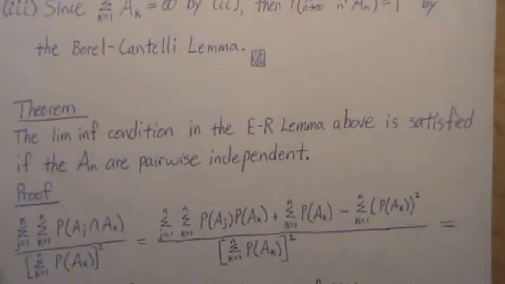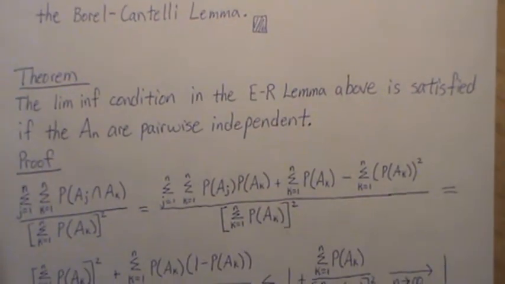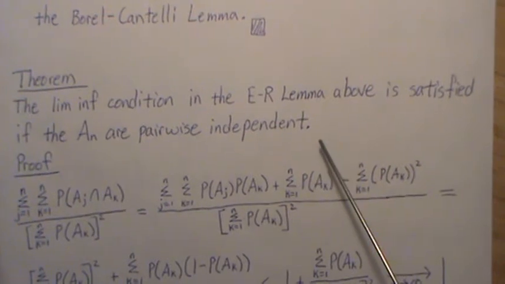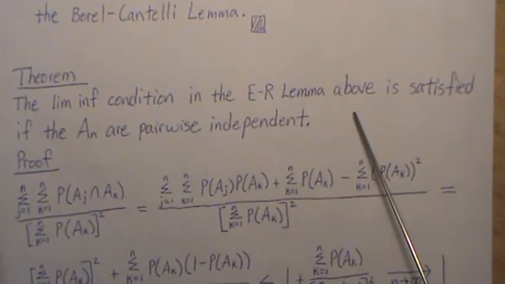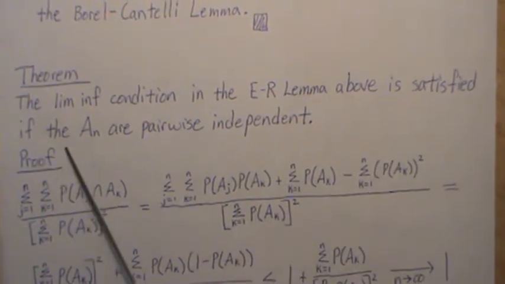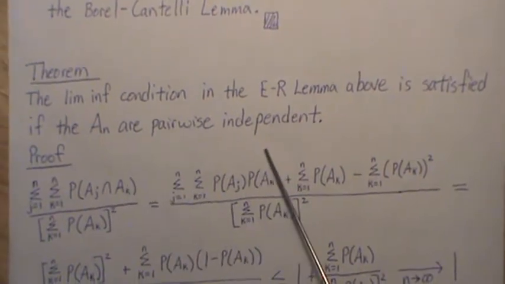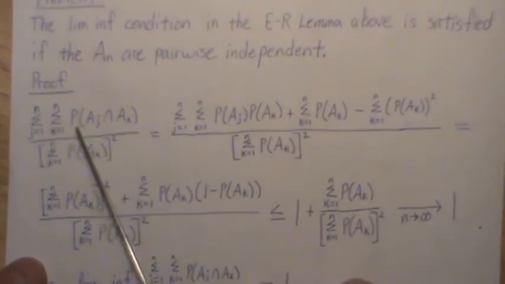Now, one note here is how to show that it's an extension: the limit infimum condition in this lemma, the extension of the second Borel-Cantelli lemma above, is satisfied if the AKs are pairwise independent. And so let's prove that.